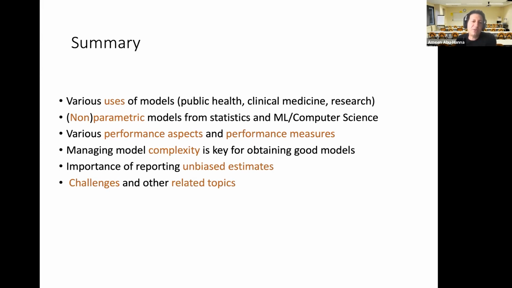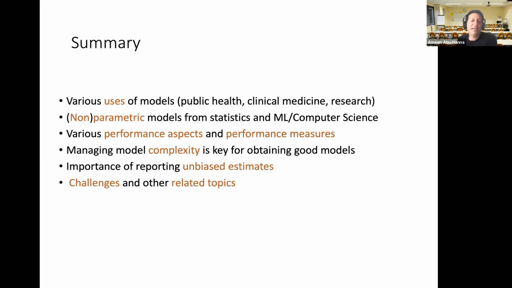Important part was how to manage model complexity. And this is a key point for having good models. We used also performance measures to decide on this complexity. The other thing that's very important is how to measure unbiased estimates. So the estimate should be obtained by data that you haven't been using at all for building the model.